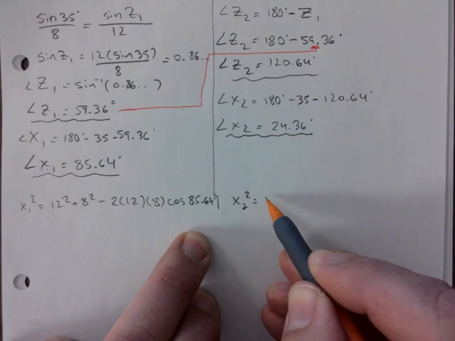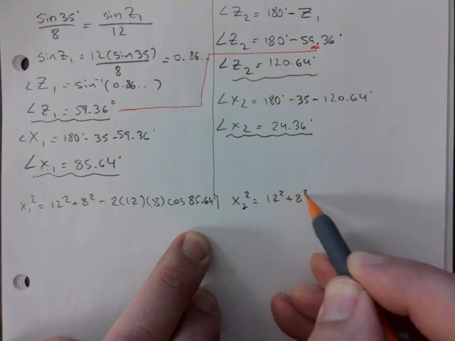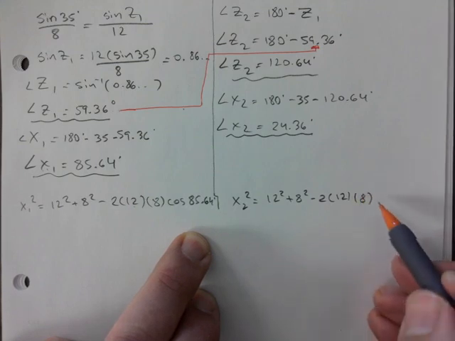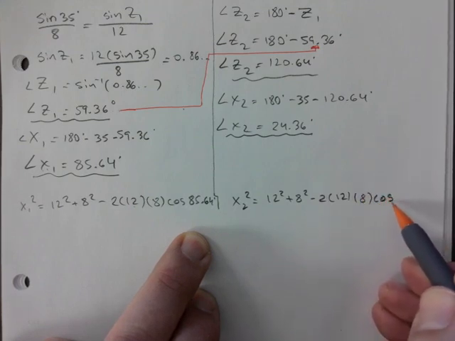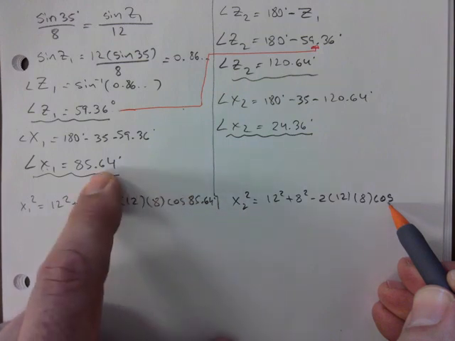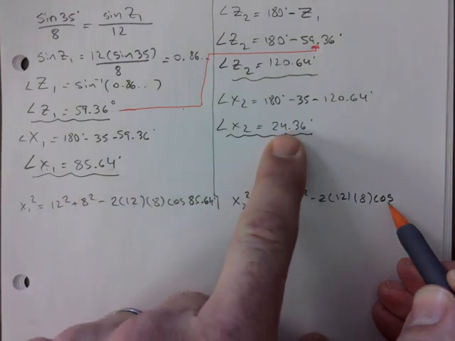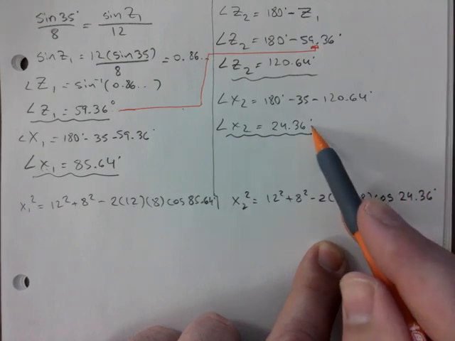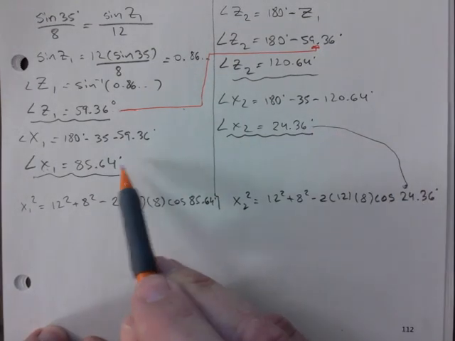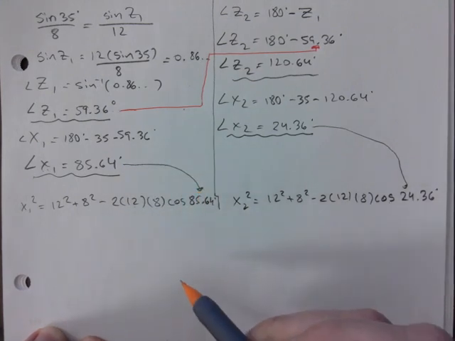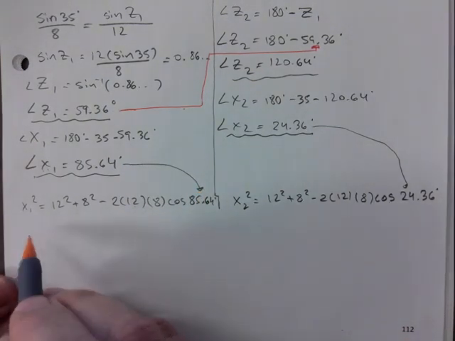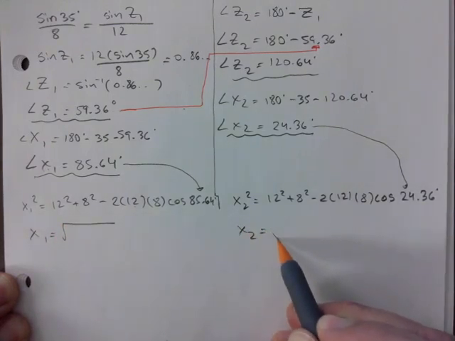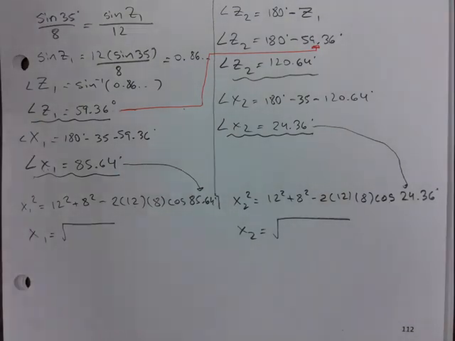X2 squared is exactly the same at first. It's identical, except this is going to have cosine of, here I used X1, I'm going to use X2, 24.36 here. I'm using this angle there, and that angle there. But you can use sine law, I don't care. You do whatever you need to do. X1 is the root, X2 is the root of whatever you get there.